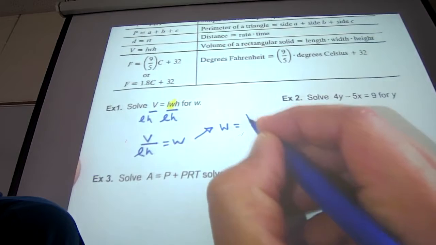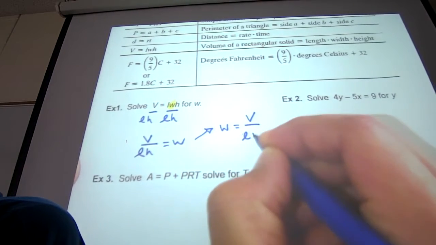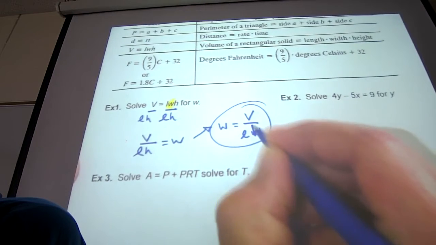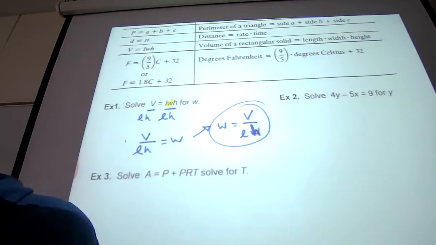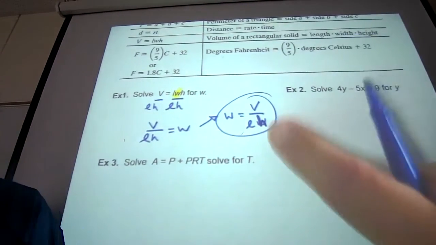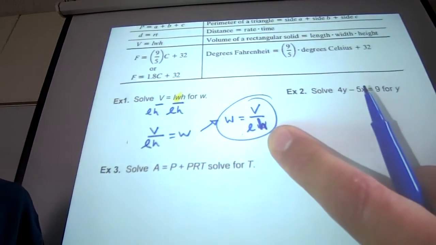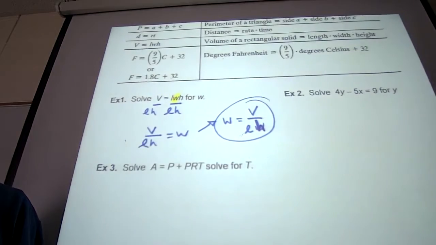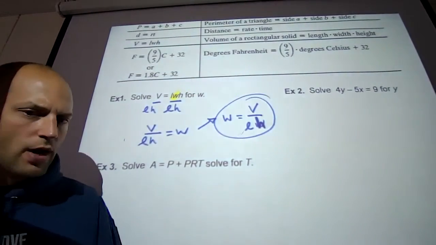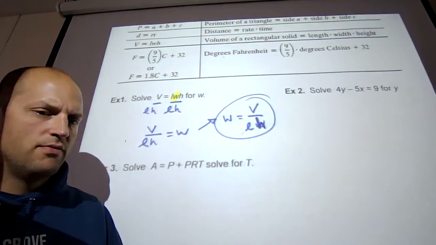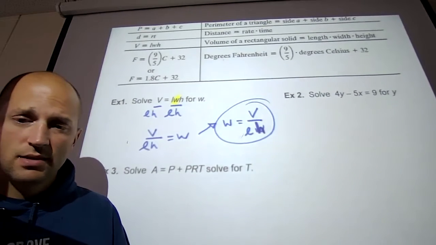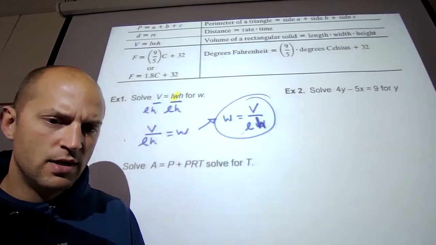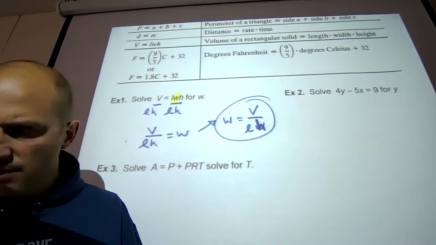So W equals volume divided by your length and your height. That's an H, guys. And that's it. That's all we're doing. We're trying to isolate the variable that they've given us. That means we have to use addition, subtraction, multiplication, division to get that all by itself.